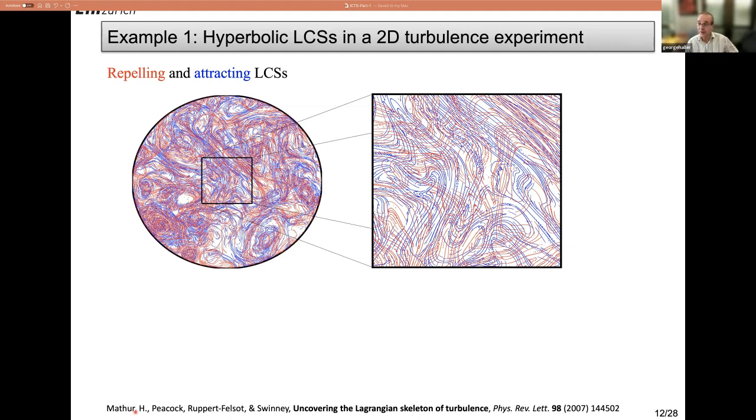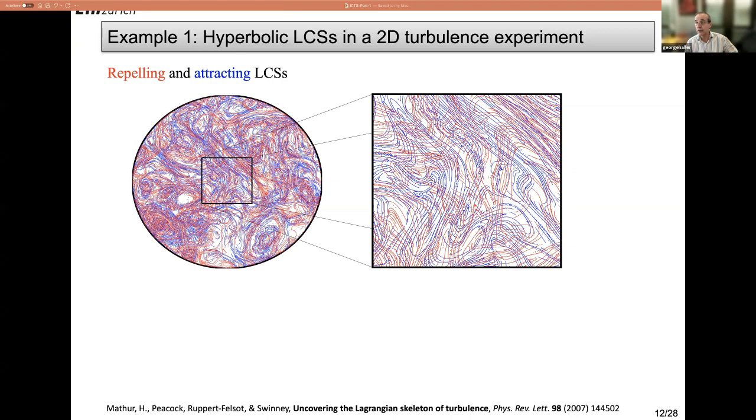So Mani Mathur is one of the organizers with whom I was very pleased to catch up again, was the leading figure on this paper. This was part of his PhD thesis at MIT, and he was the very first one who was able to do this well on a real life data set. And you see when he came back with these pictures of attracting and repelling LCSs, we all were stunned.